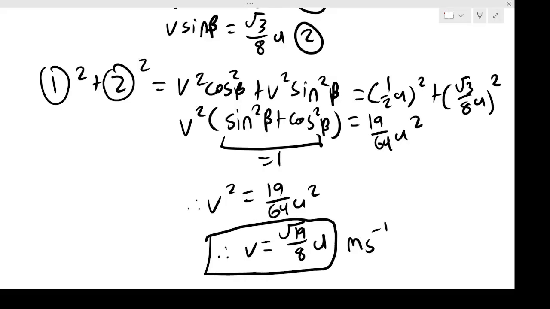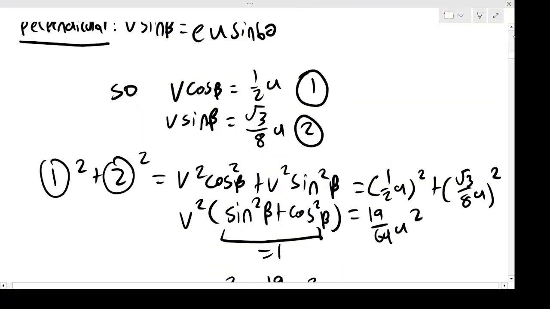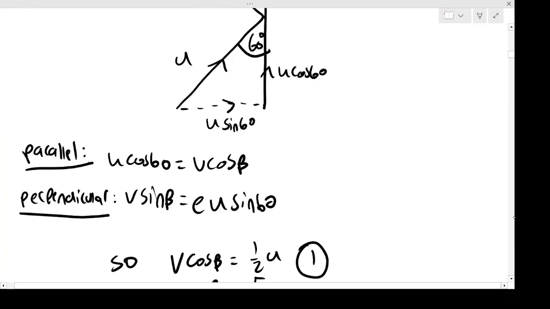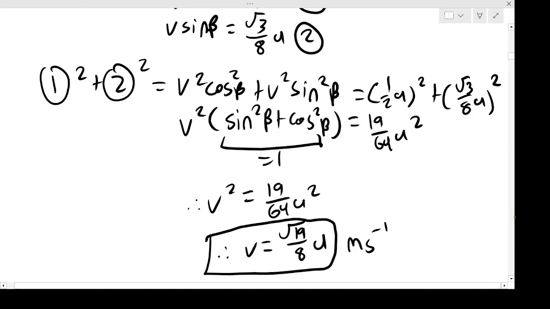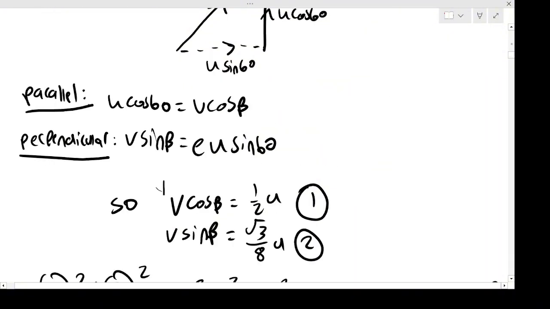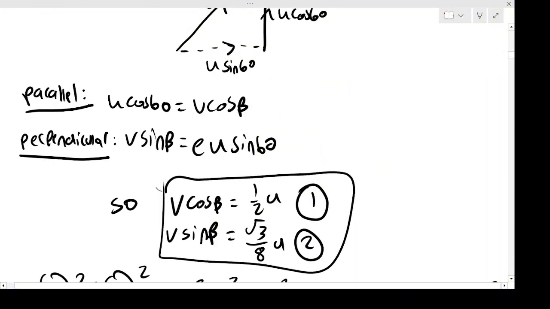Okay, so that's v, so that's part A done. That's the speed. Now I'm going to need to find beta, the angle beta. So now I'm going to divide the two equations instead. Now again, I want to do the second one divided by the first one because I want to do sine divided by cos.